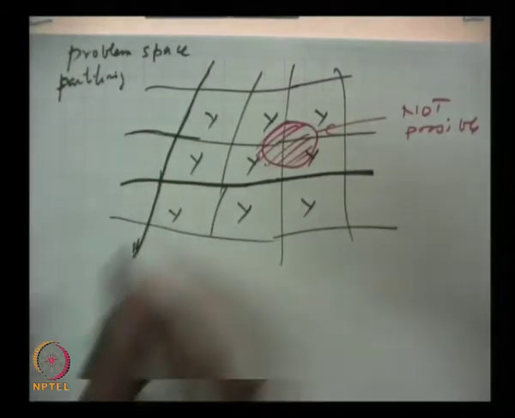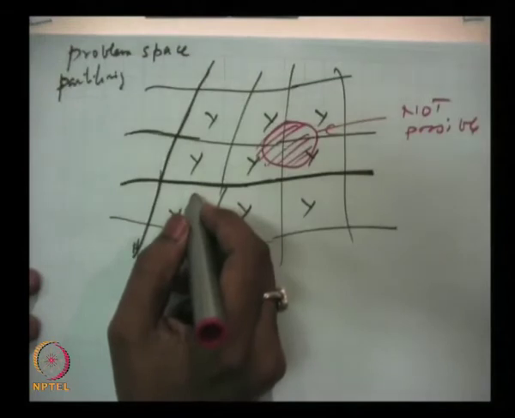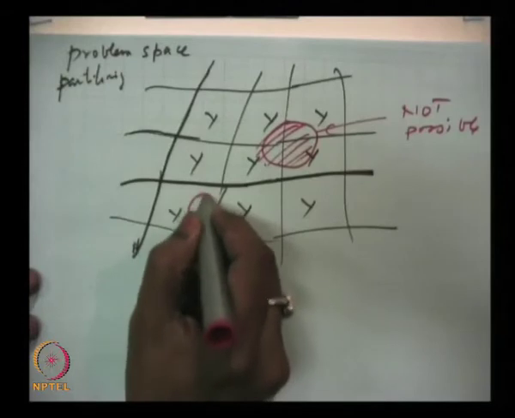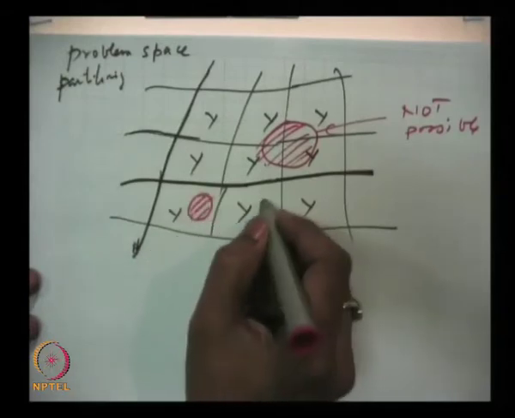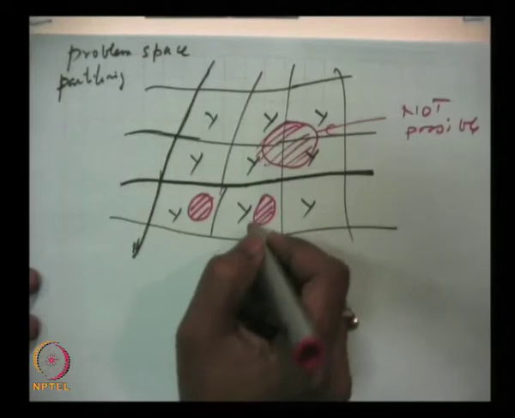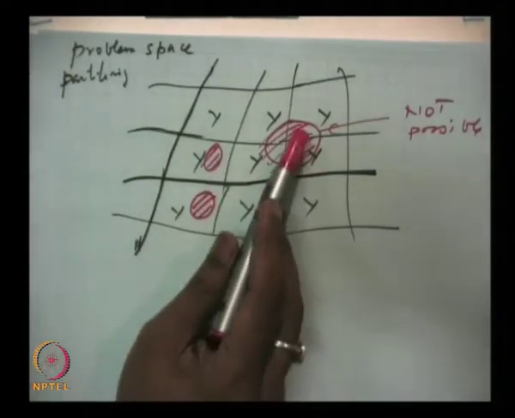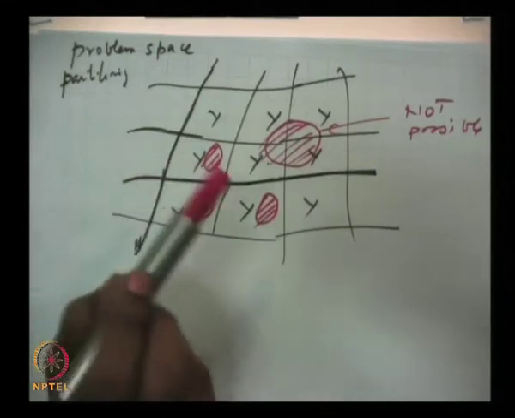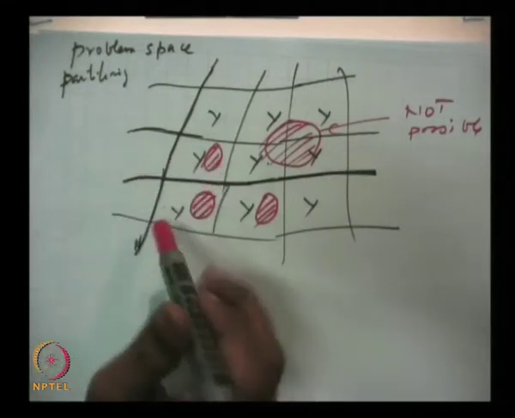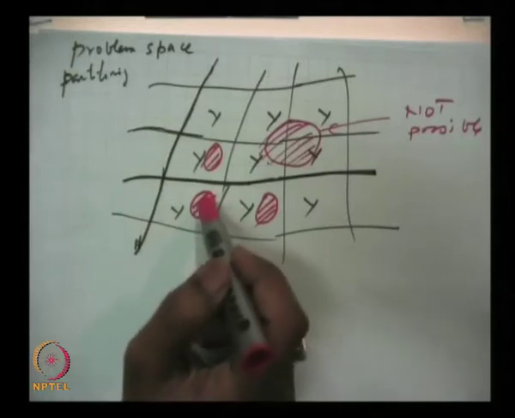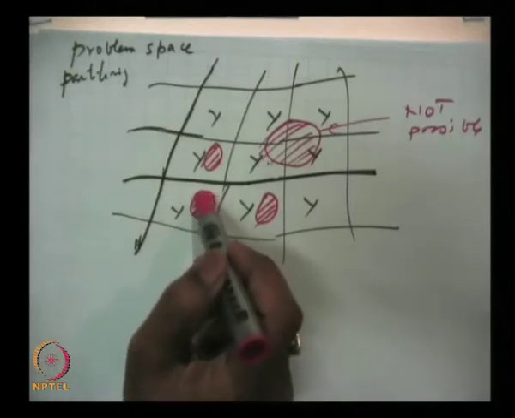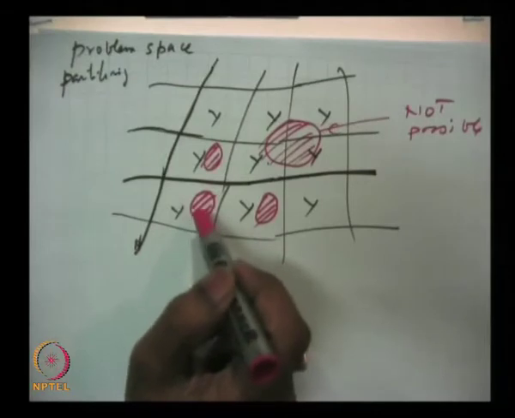In other words, what we are saying is that a leaf node must necessarily be confined to, well, no, not necessarily. The single leaf node may correspond to this. All we are saying is that the leaf node has to be consistent; it cannot have both yes and no points. So, from what we have observed till now, it has to be completely contained within this region.